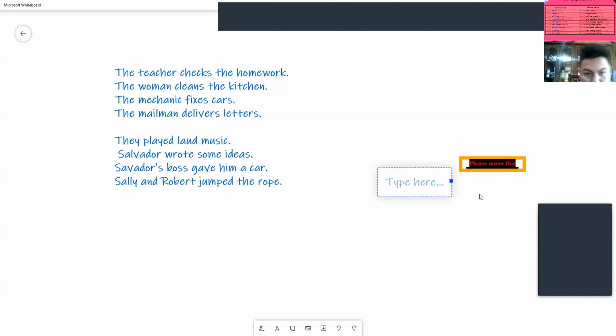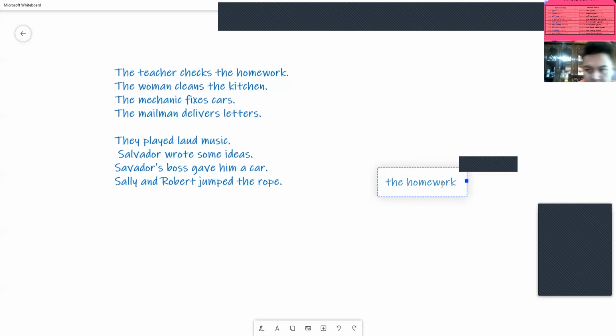El profesor revisa la tarea. Bien, el objeto sería homework. Ajá, ok, very good. Entonces, the homework. Ok, the homework. Recuerde, using the homework.